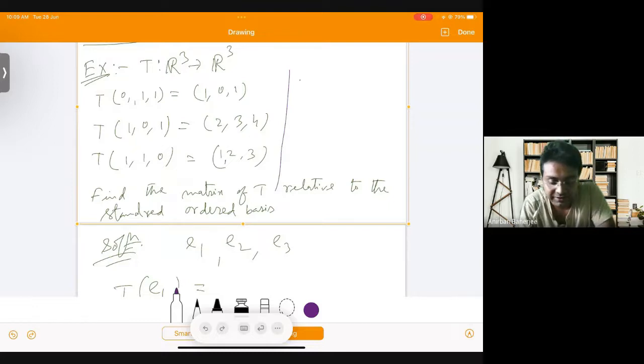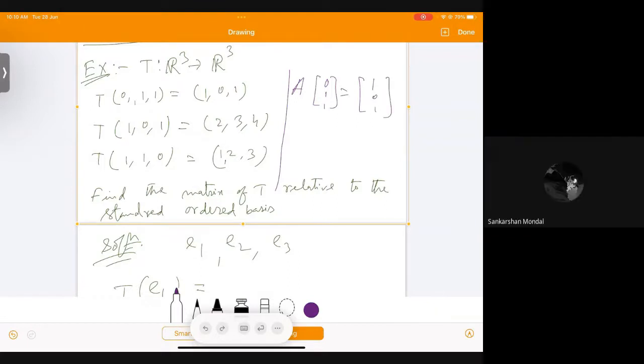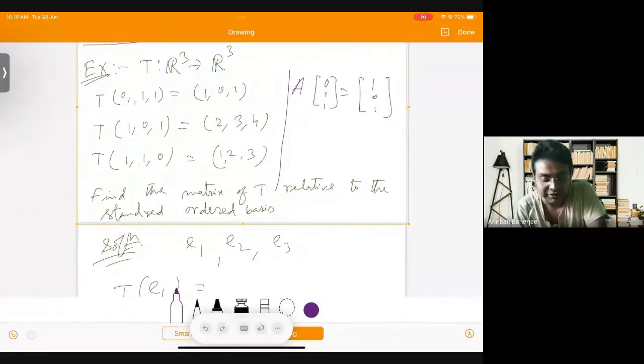So, anyway, what you want to say is that this matrix into 0 1 1 equals 1 1 0 1, right? Yes. But how can you write it?